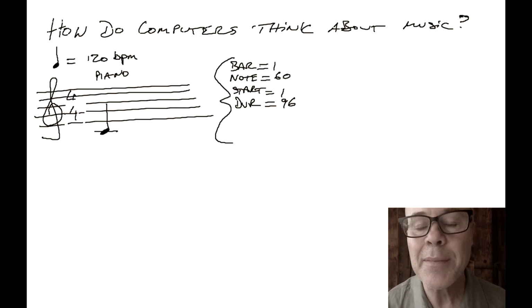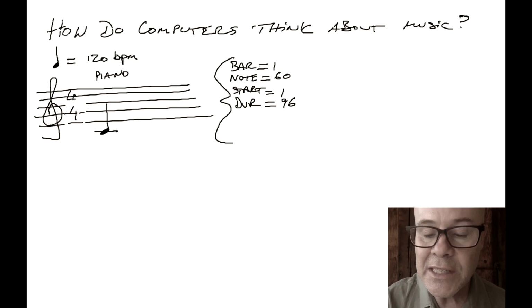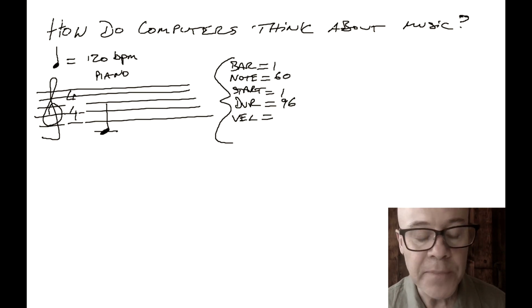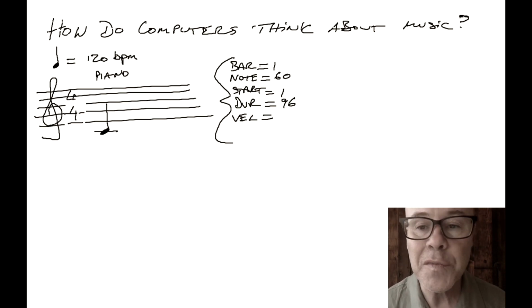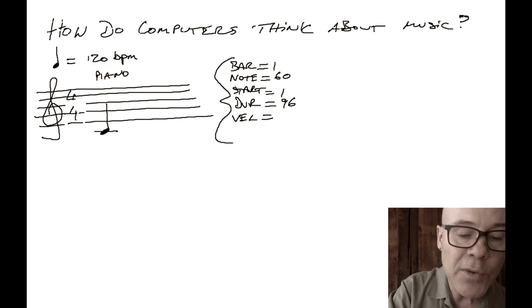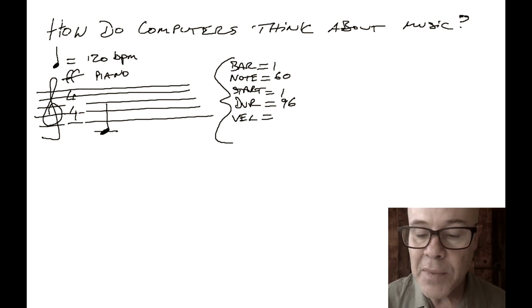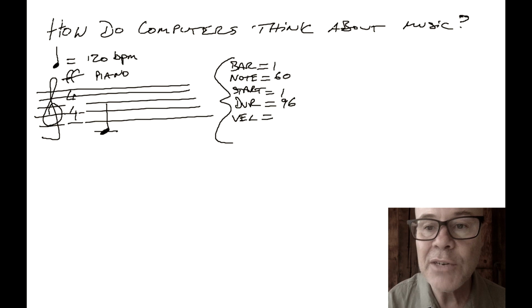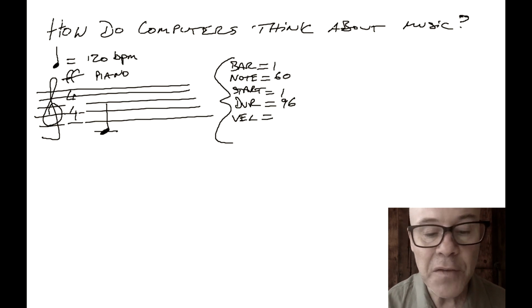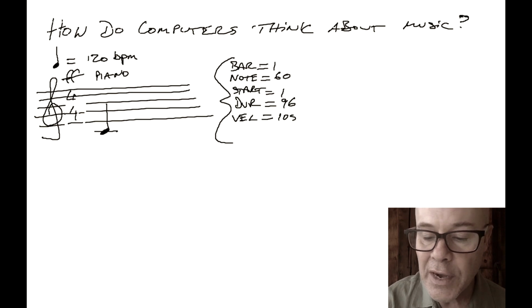There are a couple of other parameters that MIDI has to record. One is the velocity of the note, in other words, how hard the note is struck. Well, at the moment, we don't have that information from our notation, but if there were some fortissimo marks over the top, then MIDI records its velocities from values of 1 to 127, and fortissimo would be around about 105.